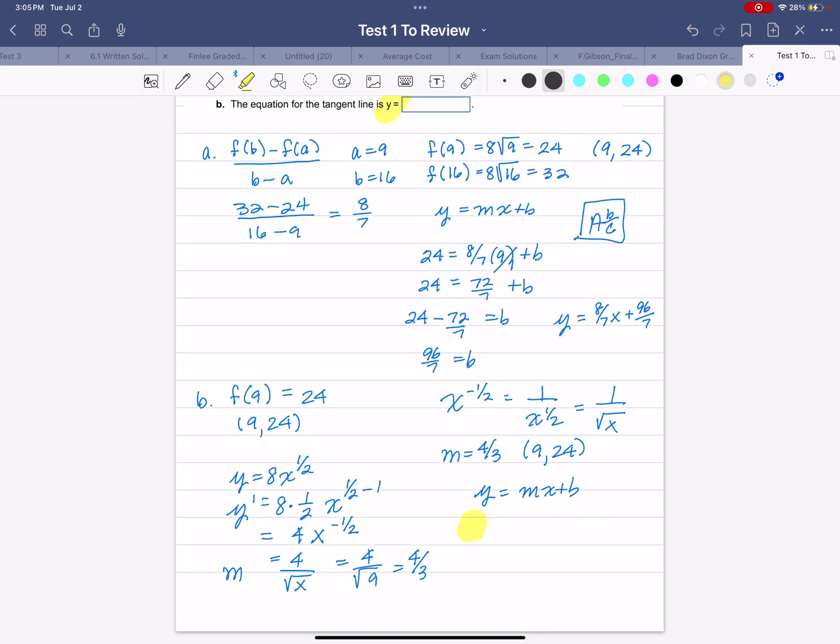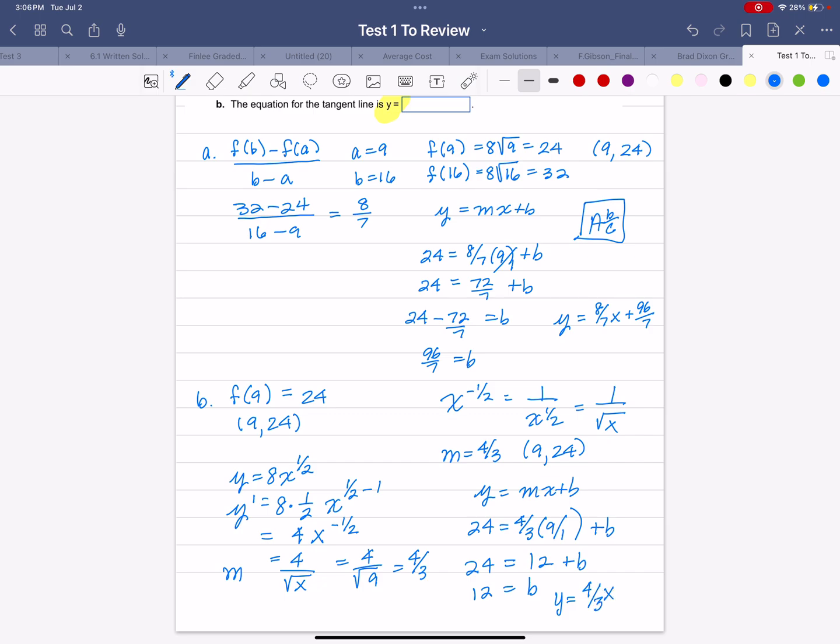So 24 is y, my m is 4/3, my x is 9 over 1, right? x is 9, plus b. So this time that's just going to come out to 12 plus b. Subtract 12 from both sides. My b is 12.